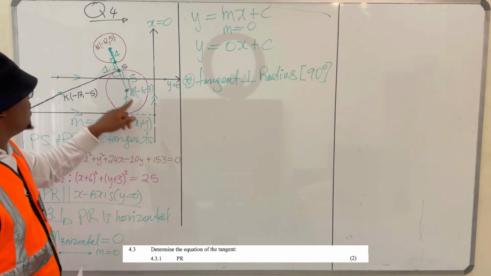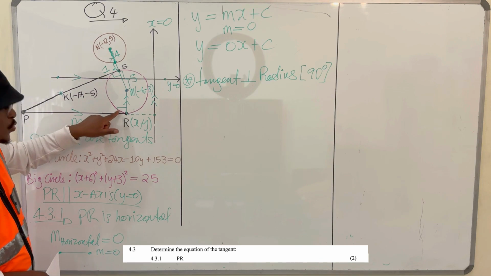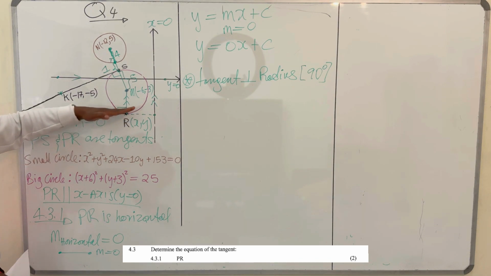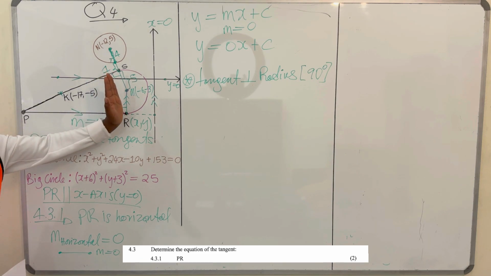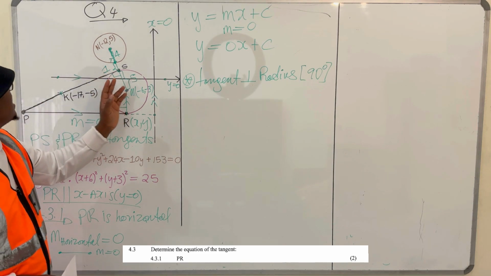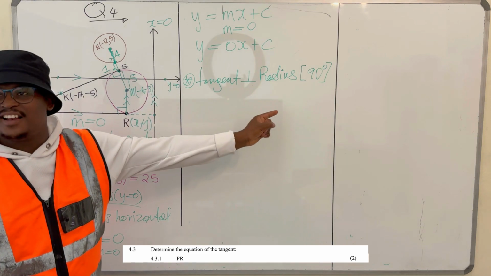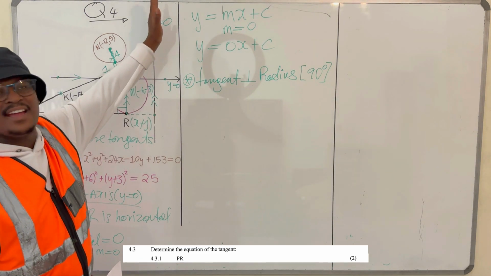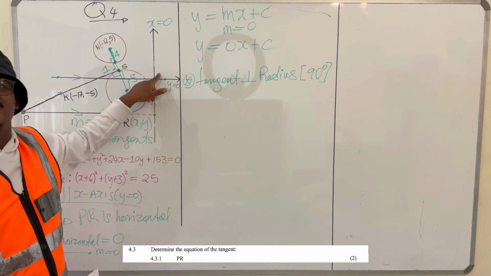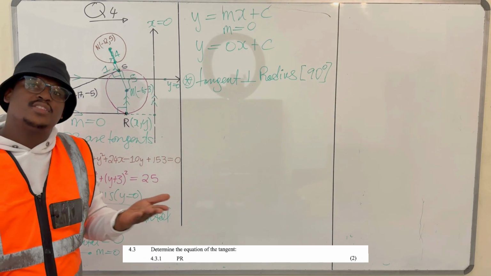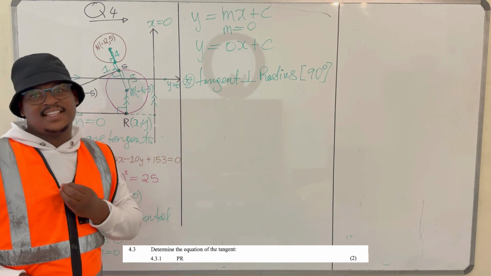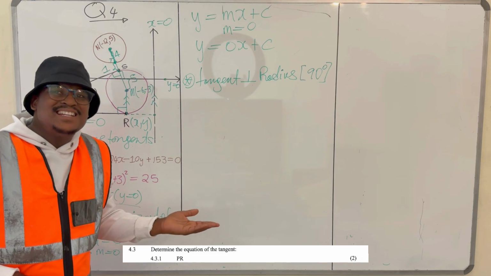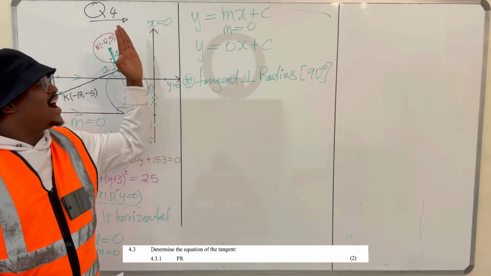As you can see, it's the same situation down here. If this one is horizontal, a line perpendicular to this horizontal line needs to be vertical. In the same way that the x-axis is horizontal, the y-axis is vertical. Where they intersect, they intersect at 90 degrees, because one is horizontal and the other is vertical.